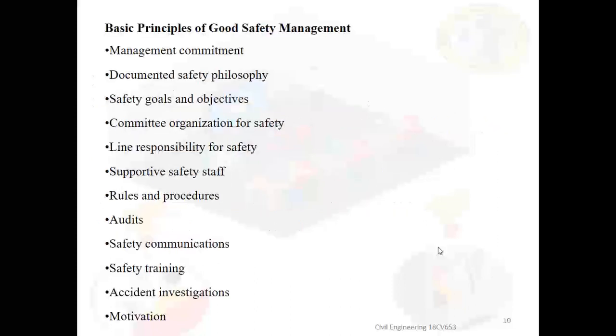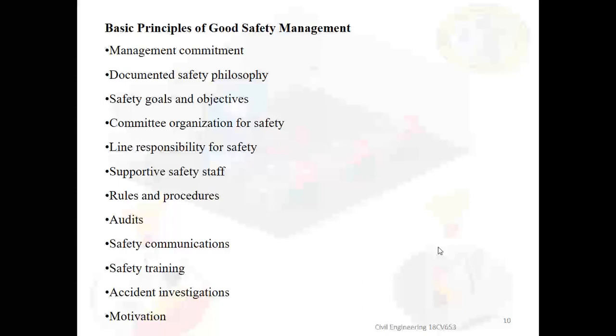And now the basic principles of good safety management. Safety management should consist of a management committee, documented safety philosophies, safety goals and objectives, committee organization for safety, line responsibility for safety, supportive safety staff, rules and procedures, audits, safety communication, safety training, accident investigation, motivation.